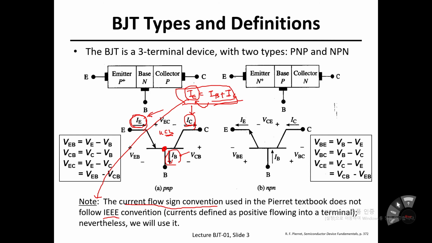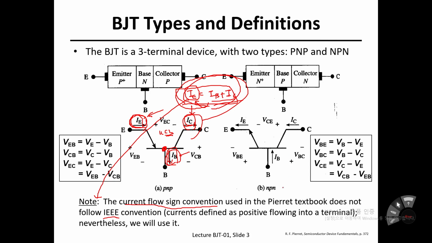However, the BRS book did not follow the IEEE convention because this current flow sign convention is much more straightforward and easy to understand. So I'm not a big fan of BRS, but anyhow, his current flow sign convention used in BJT makes more sense. So I'm going to use it. So emitter current is equal to the base current plus collector current. So think about this and memorize it.